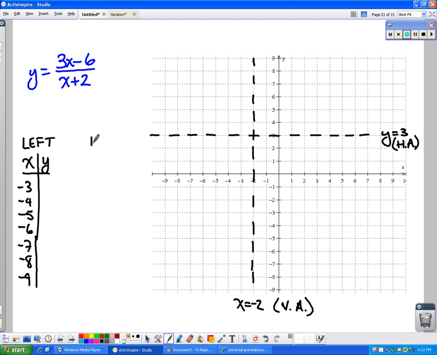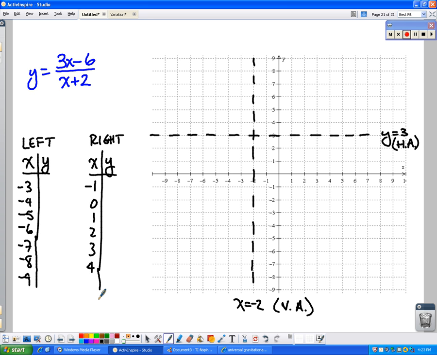And another for the right branch, which will use values to the right of negative 2, like negative 1, 0, 1, 2, 3, and so on. And at this point, we are simply plugging numbers in and seeing what we get.